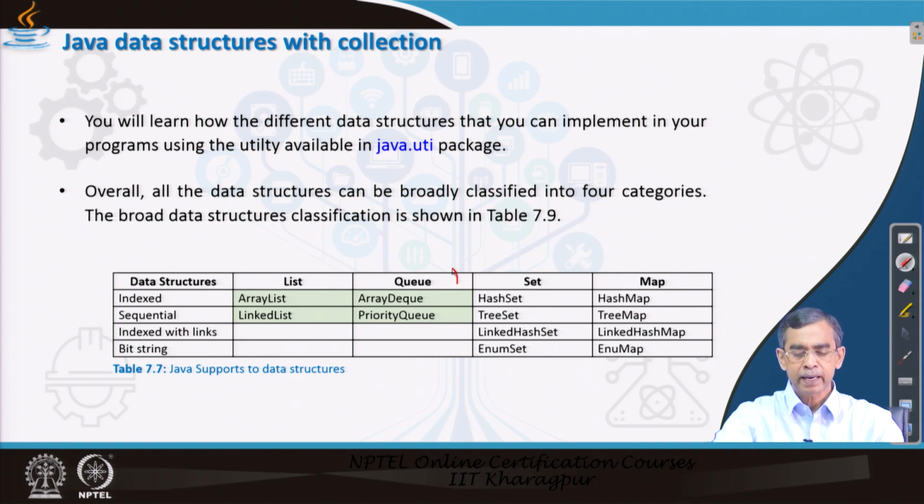So, these are the different classes that are basically related to the data structure for a certain type of collection, and all those collections are handled by the corresponding classes defined in the Collection Framework.